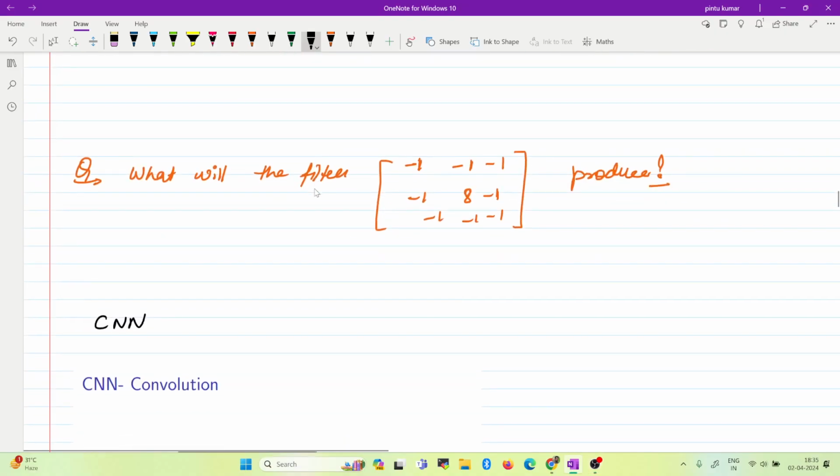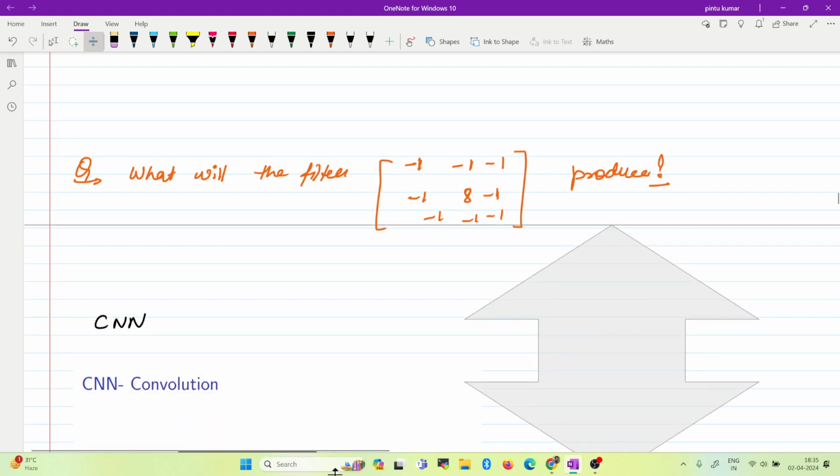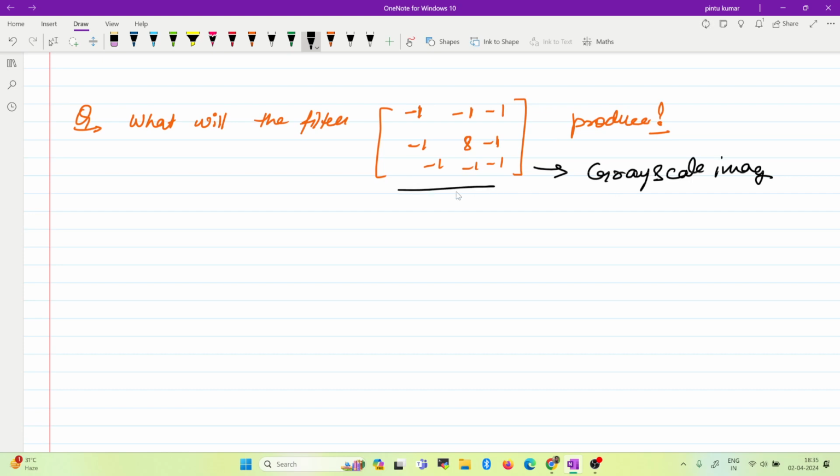Okay, there is one question that I've included over here. I think this is relevant for your assignment. There is this filter that I have written. If you have, let's say, some grayscale image, what do you think this filter will do?